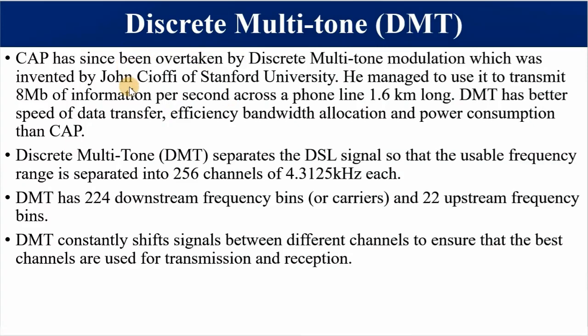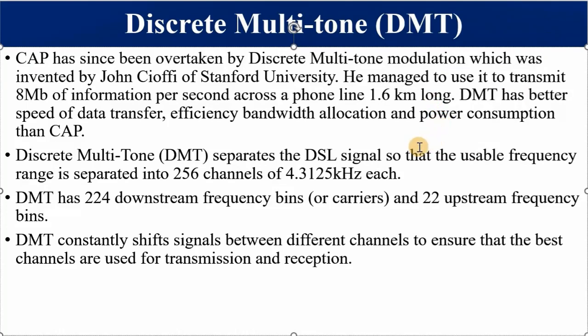Another type of modulation that is used in ADSL technology is called discrete multi-tone. A brief history of this: it was developed by John Cioffi of Stanford University, and this guy managed to use it to transmit 8 megabits of information per second across a 1.6 kilometer long line.